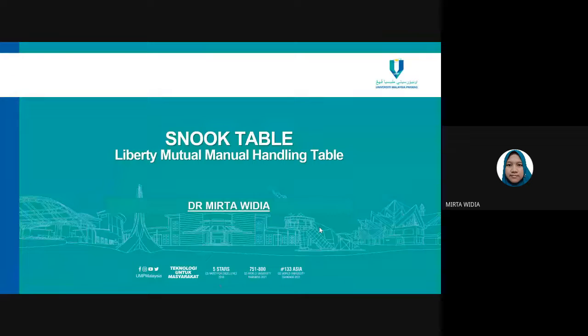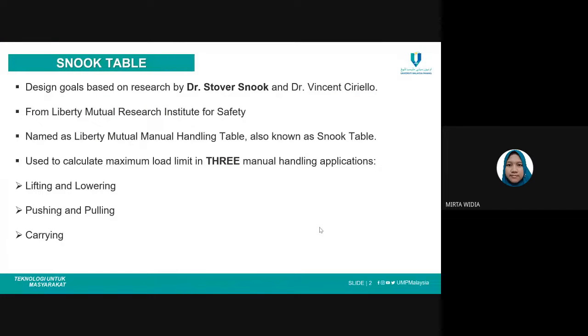Okay. So actually, the Snook tables were designed at the Liberty Mutual Research Institute for Safety by Dr. Stover Snook and Dr. Vincent Cirillo. That's why the name Snook comes from the developer, Dr. Stover Snook.